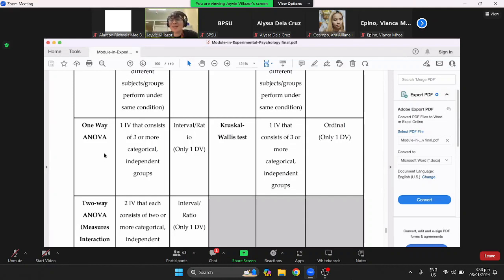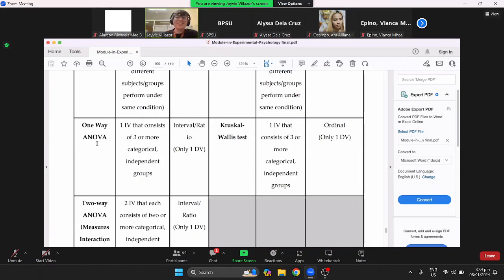Pwede natin sabihin class performance na nami-measure ng test, or midterm, or finals. If that is the nature of research, then you're going to utilize the one-way ANOVA. So again, it should be parametric. Next, the counterpart is Kruskal-Wallis.